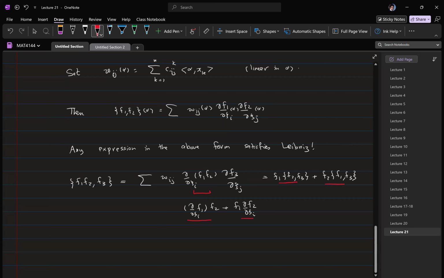I basically didn't use any property of the Wij's. I just used the Leibniz rule from calculus in one variable. All is good so far? So we check Leibniz. The only thing that's left, which is a little bit harder to check, is the Jacobi identity. All right. So let's see how the Jacobi can be checked.